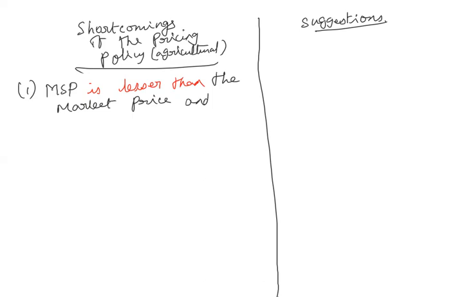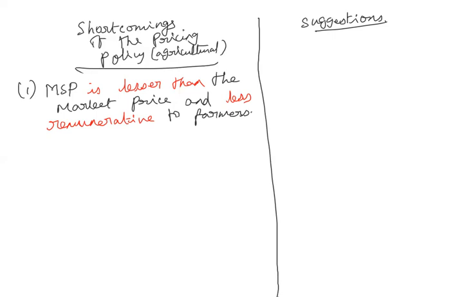Most of the time, whatever minimum support price is announced by the government happens to be less remunerative to the farmers. That is one of the major criticisms against the MSP announced by the government.